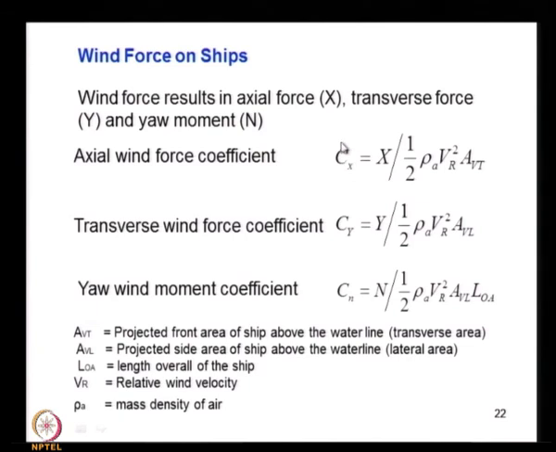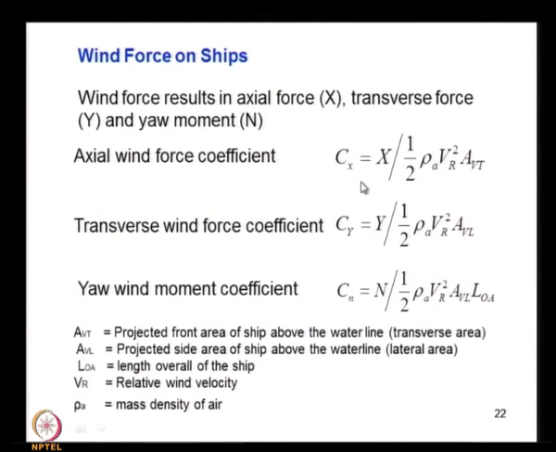So, if you want to find out the axial force coefficient, it is represented by the axial force divided by half rho_a V_r squared into A_VT. Here rho_a is the air density, V_r is the relative wind velocity, that is in relation to the ship speed, and A_VT is the projected area of the ship above the waterline, that is the transverse area.